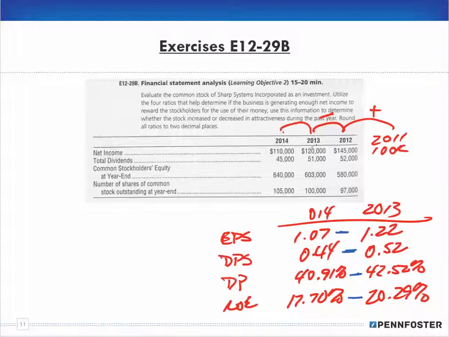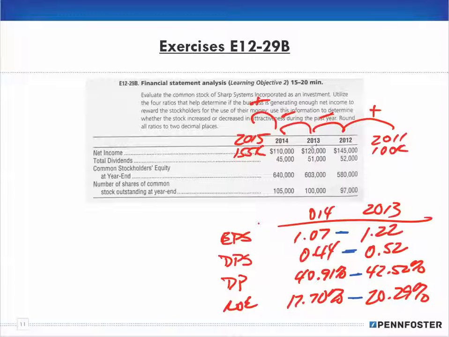A decrease here and a decrease here, right? Or let's say they had 2015 here, and let's say now we had 155,000. Okay, and that would be an increase, right? You can't just look at the net income and make a determination. You have to look at the ratios and see what the ratios are telling you about the performance of the company, and that's what analysis is. Looking at the performance of the company.